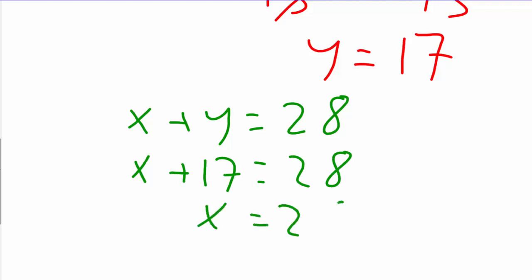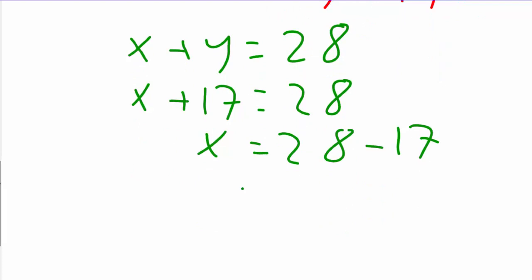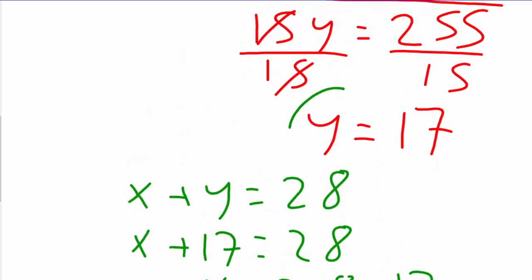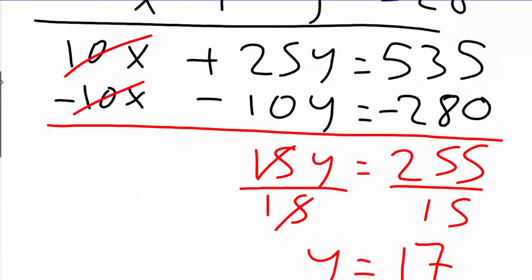X equals 28 minus 17. And that will be x equals 11. Now I know how many dimes? 11. How many quarters? 17. Luca has that. So first question is done.